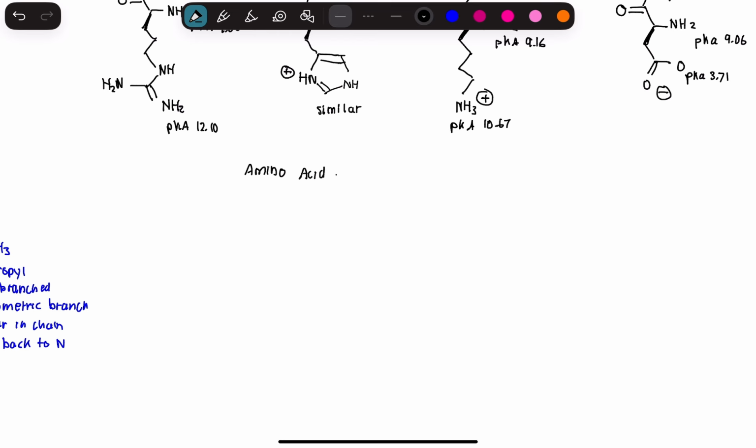Now moving on to the amino acids with polar uncharged side chains.